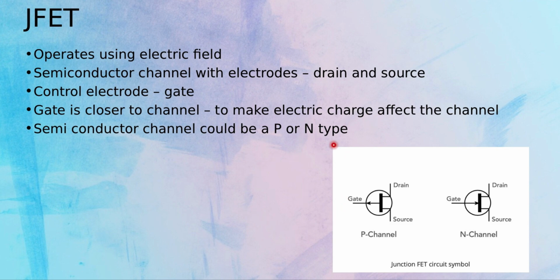You also have a semiconductor channel with electrodes, and the drain and source access these electrodes. Here, the gate is present closer to the channel in order to make the electric charge affect the channel. Remember, this is the symbol of a P-channel where the arrow points outwards, and in an N-channel you have the arrow mark pointing inwards.